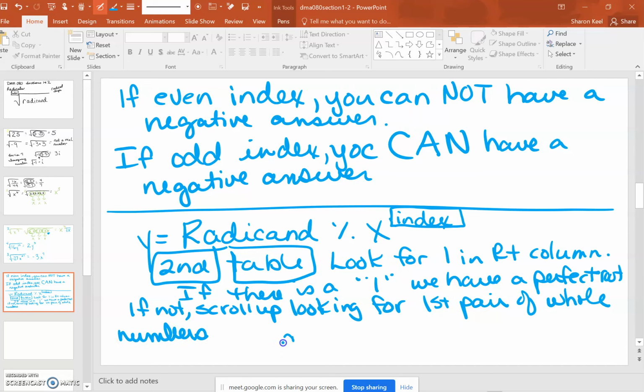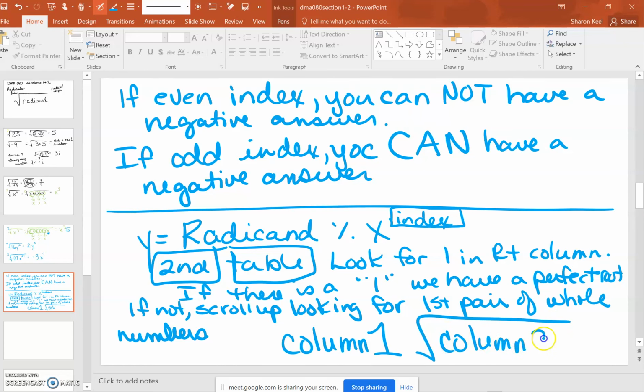When we find it, the value that's in column 1 comes out from under the radical. The value that's in column 2 is going to stay under the radical, and here you would still have the index. So I'll show you an example of that.